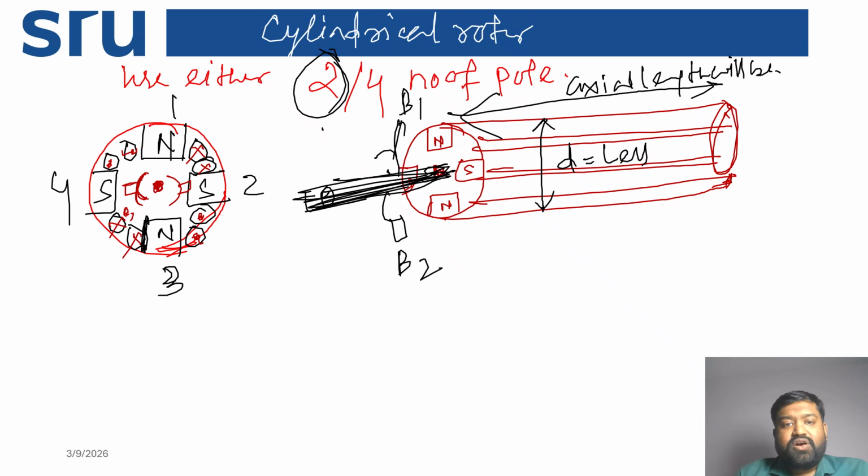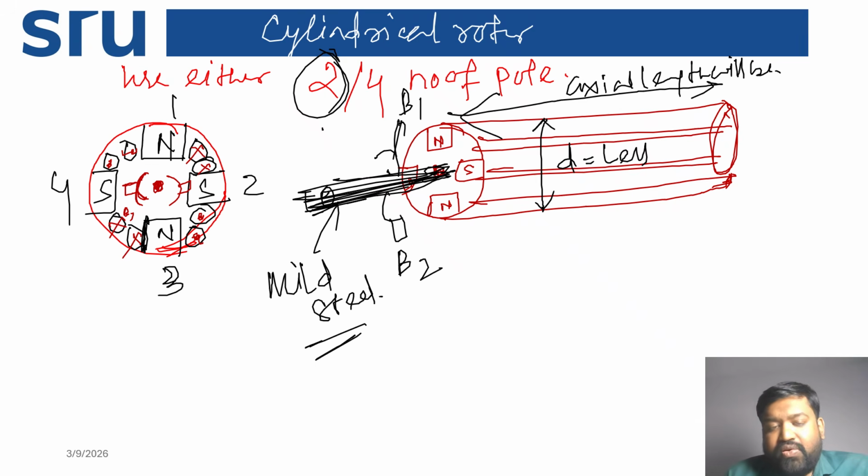Okay, the cast iron as well as the shaft contains the complete weight of the rotor. That means the shaft is made up of mild steel. Okay, keep in mind. And everybody knows that we are using silicon steel to improve the conduction and reduce the hysteresis loss.